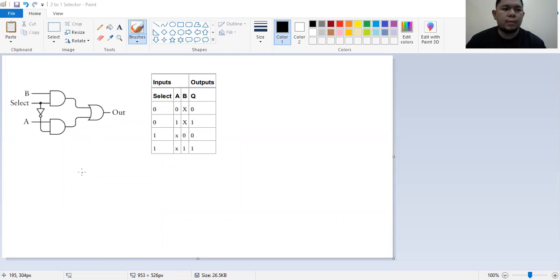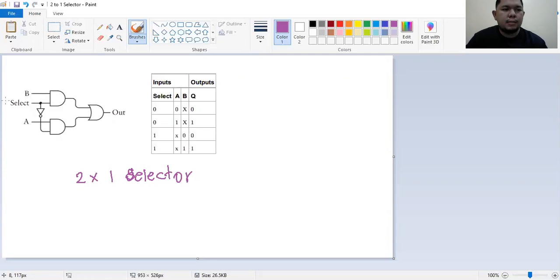Here is what we call the 2-to-1 selector. What it essentially does is select between B and A, which specific signal between input signals B and A should be outputted.